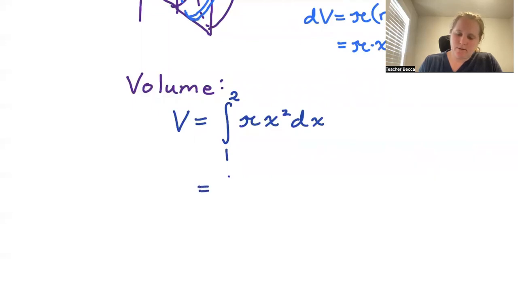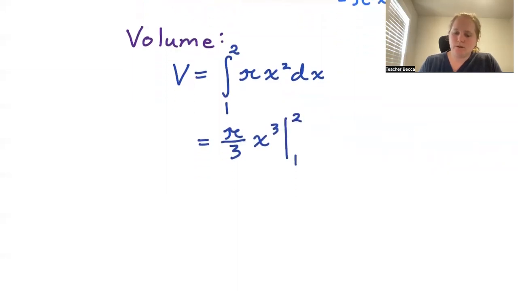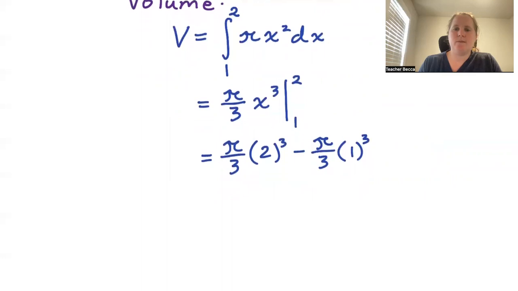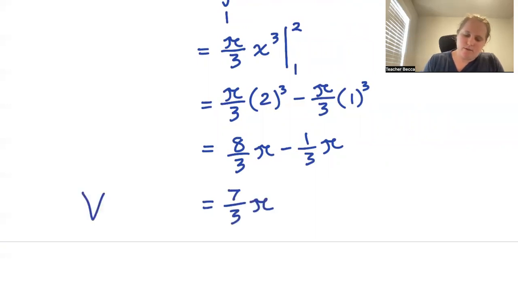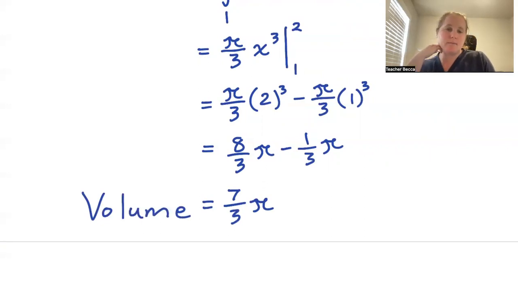We are looking at pi over 3 times x cubed evaluated at 1 and 2. So this becomes pi over 3 times 2 cubed minus pi over 3 times 1 cubed. That's 8/3 pi minus 1/3 pi, otherwise known as 7/3 pi. So our total volume is 7/3 pi.